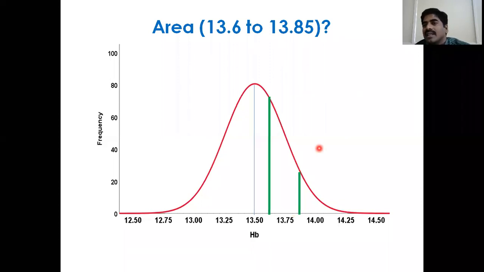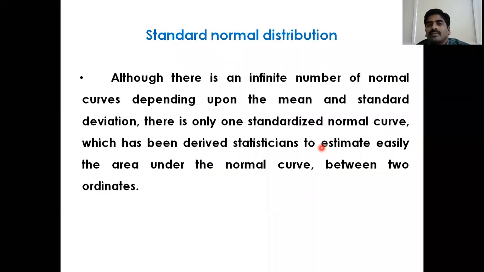I will explain the second concept, the standard normal distribution, now. Although there are an infinite number of normal curves depending upon the mean and standard deviation, there is only one standardized normal curve, derived by statisticians to estimate easily the area under the normal curve between two ordinates.